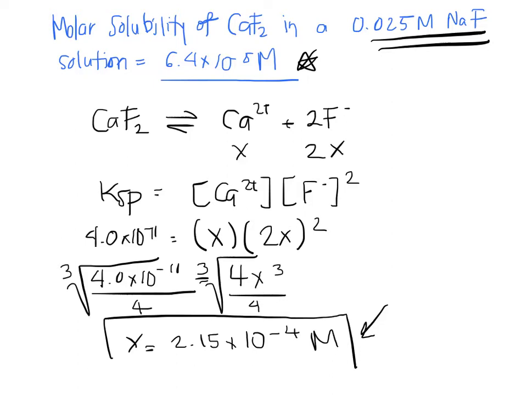So a smaller number of ions in solution. Well, I shouldn't say smaller ions, less ions. Fewer ions in solution means that it is less soluble.